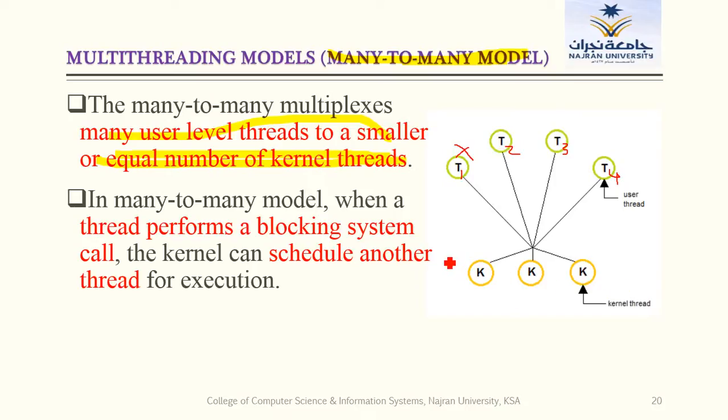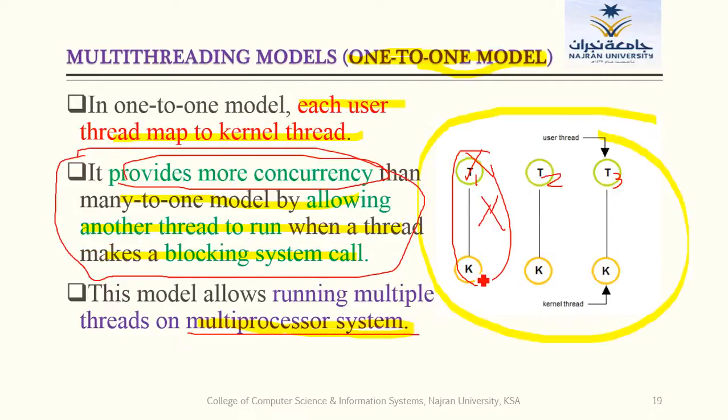If you go back and check the one-to-one model, one user level thread is mapped to only one kernel thread. There is no multiplexing. So T1 is mapped to only this kernel, T2 is mapped to this kernel. If this thread is blocked, this kernel will also block.